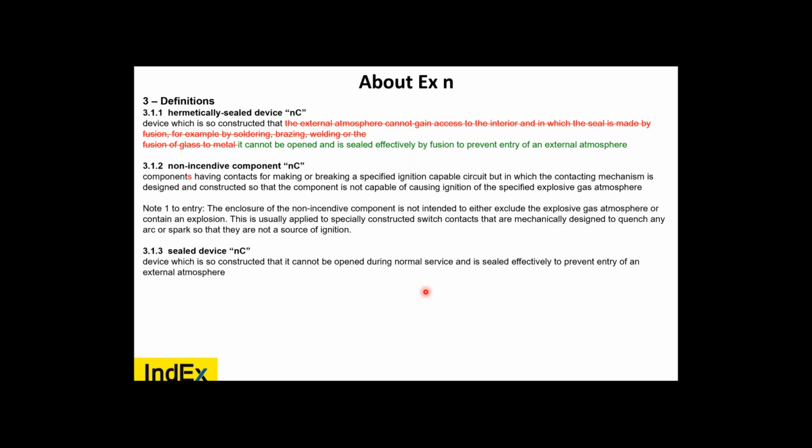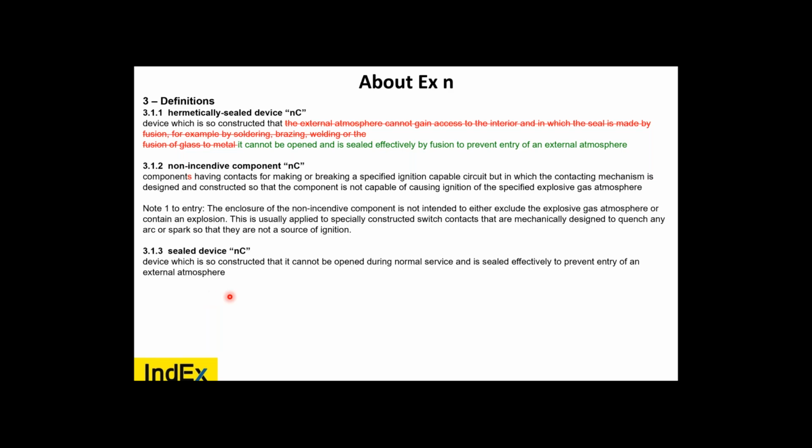This is usually applied to special construction switch contacts, which are mechanically designed to quench arc or spark so that they are not a source of ignition. This one causes confusion for people, and it will continue to cause confusion. Basically, think of a junction box around the contacts. So it's kind of like EXNC. It's still inside of an EXNA junction box, perhaps, which is now known as EC. It's been made confusing.